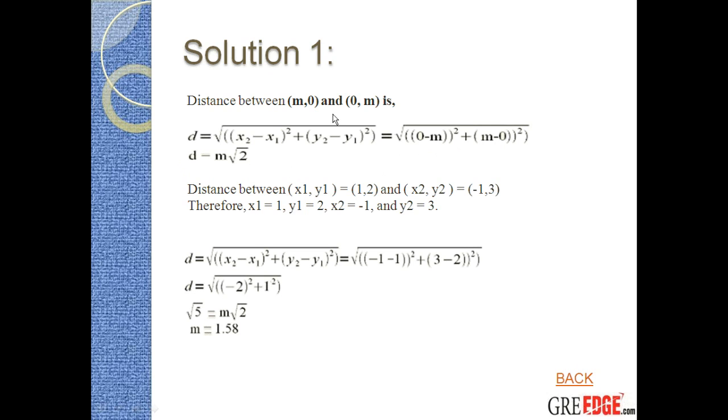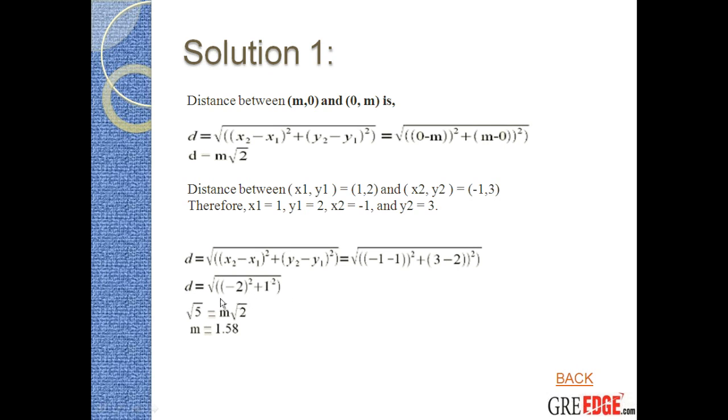Now we have to find the distance between the second set of points 1, 2 and minus 1, 3. So we are taking x1, y1 as 1, 2 and x2, y2 as minus 1, 3, and we substitute that in the formula. So you will get root over minus 1 minus 1 the whole square plus 3 minus 2 the whole square.